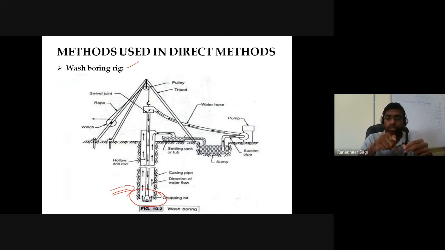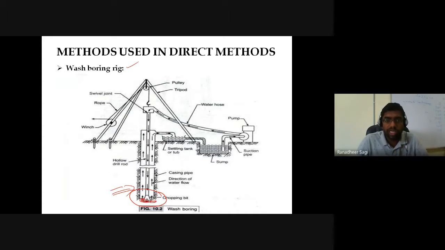With the pressure, when you allow the water to pass into the soil strata, the soil there becomes weak, and with the help of the chopping bit, as I rotate it, the relatively weak soil easily gets sheared. Because of the presence of water, those sheared, very soft soil particles are washed away from the bottom of the hole you are making.